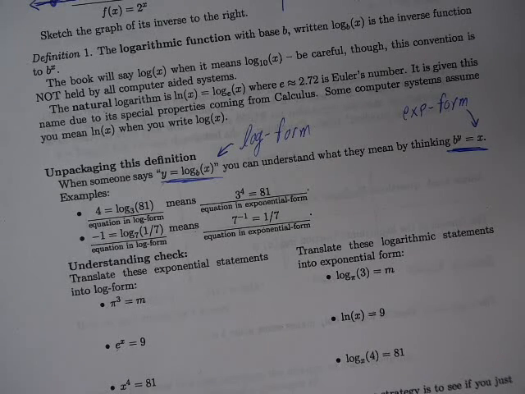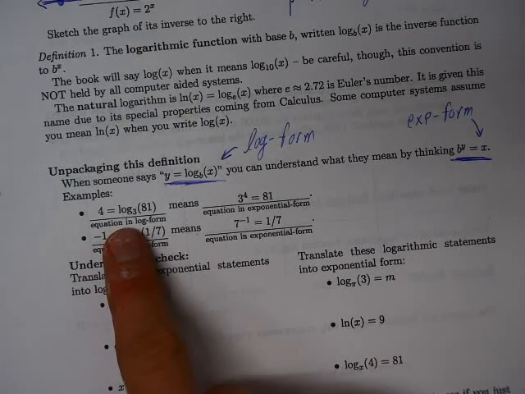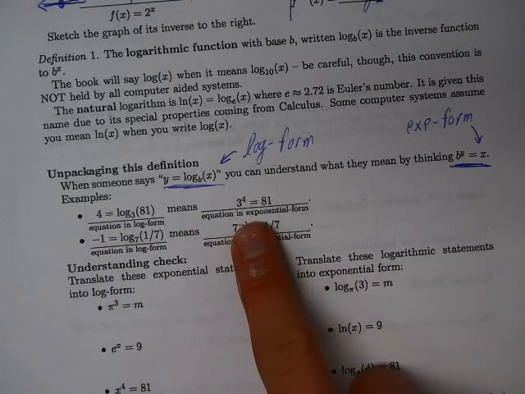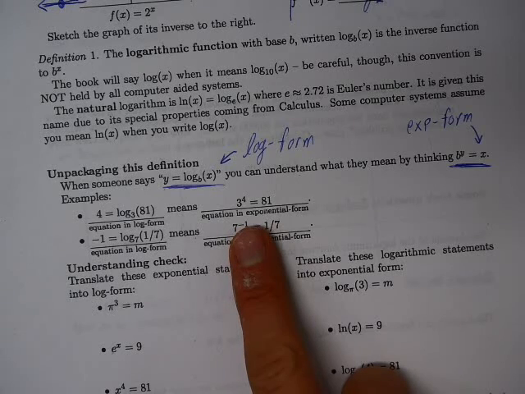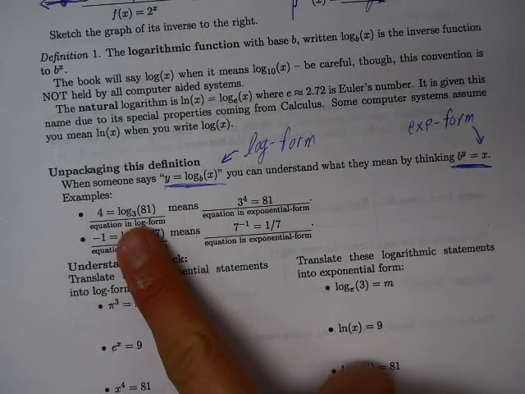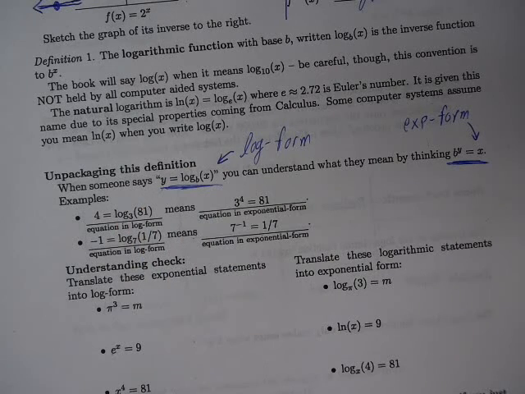For instance, if someone says 4 is equal to the log base 3 of 81, what they're really saying is that 3 to the 4th is equal to 81. Is 3 to the 4th equal to 81? It is, right? So yes, 4 is the log base 3 of 81. So you know how to evaluate some logs as long as you know the corresponding exponential form.